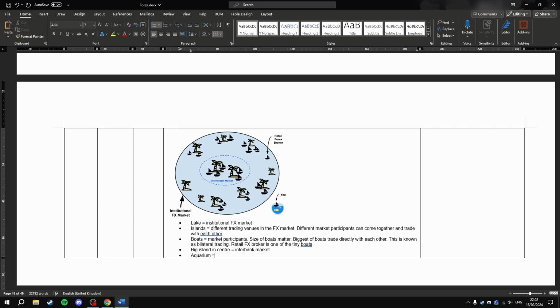Aquarium. Each retail FX broker has its own aquarium.